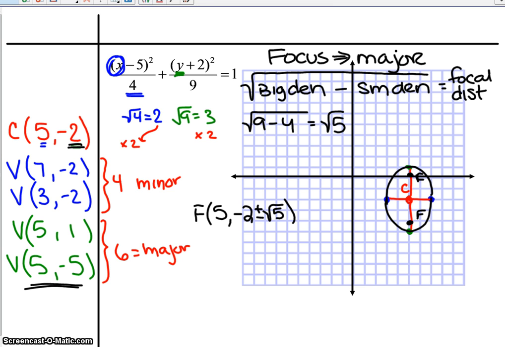So what you would be expected to find when we do all this is the center, vertices, length of the major axis, length of the minor axis, where my focus points are, and the sketch.